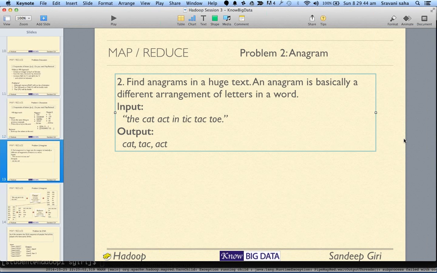Or there could be a very simple thing, but if we sum it up, CAT would be equal to, if you sum it up, also CBS, right? If you sum the values of each character, CAT will be equal to CBS.